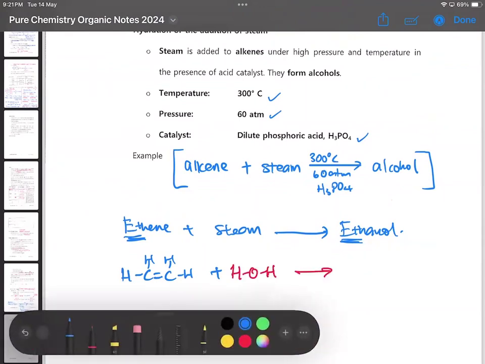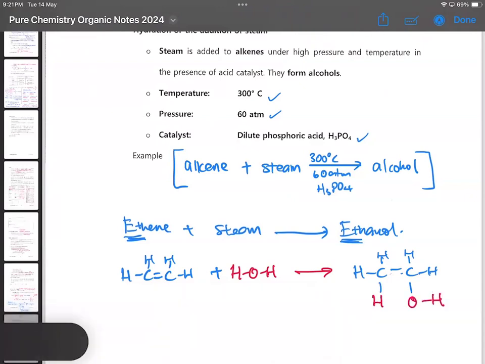So what happens in the reaction? As per all addition reactions, the C=C double bond will be broken first. And we get 2 more bonds. So what do we add into it? We add in a hydrogen and the OH. Anything with OH, remember, the functional group of alcohol is this.